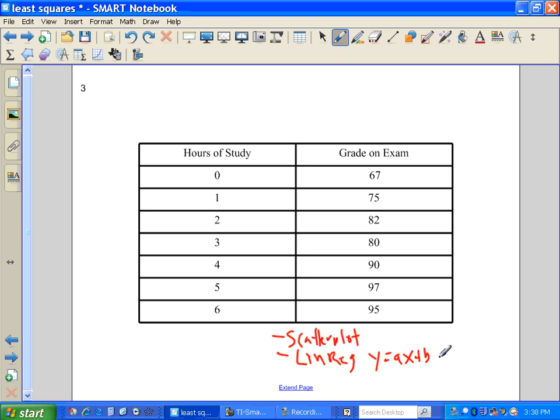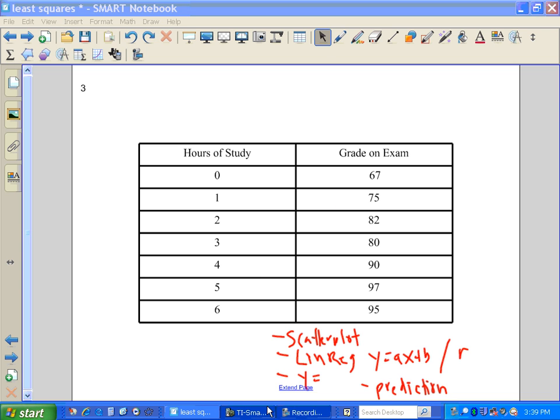From this same thing, you can also get the r value, the correlation coefficient. I want you to put your line into the y equals and look at it in comparison to the scatter plot. And then generally you'll also be asked to make a prediction. And I'll show you how to do that with the line and the graphing calculator.